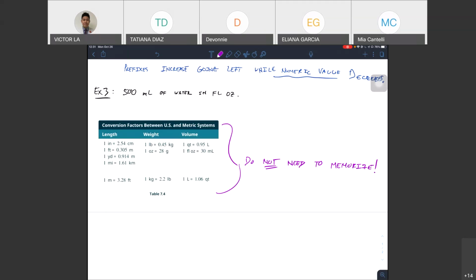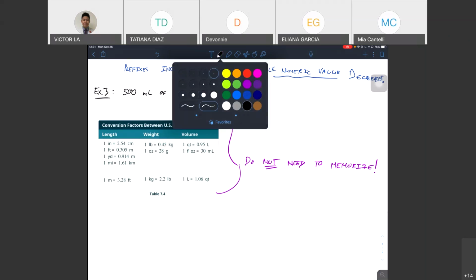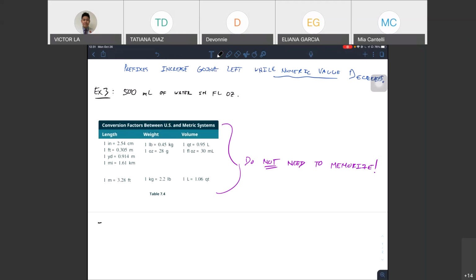So that's why they say it's so important, like, oh, you must memorize the conversions within the same system. But when you go between systems, they're going to give you some kind of conversion. So even though our example says this, on the test, you might see it say something like this.